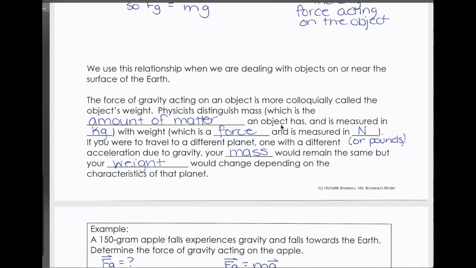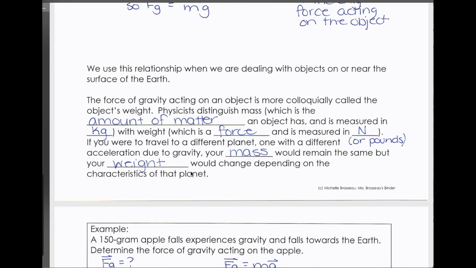Okay, so if we're to travel to different planets, one with different acceleration due to gravity, our mass would stay the same because we are still made up of the same amount of matter, but our weight would change because the gravitational force or gravitational acceleration, thus the force we feel, would be different depending on that planet.